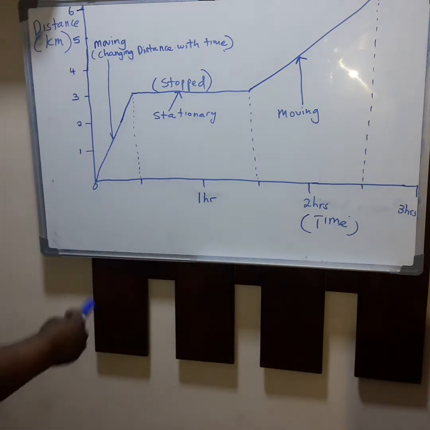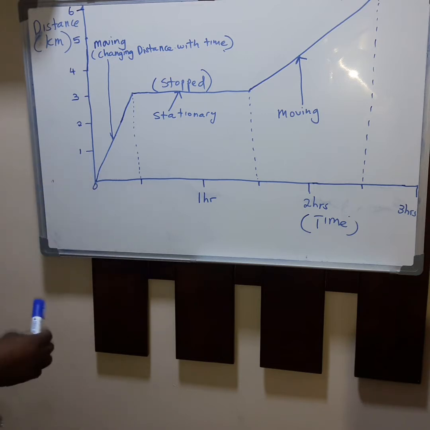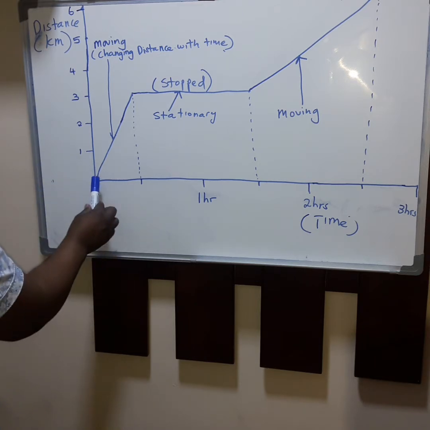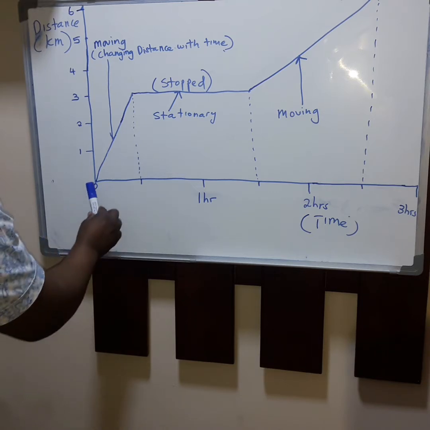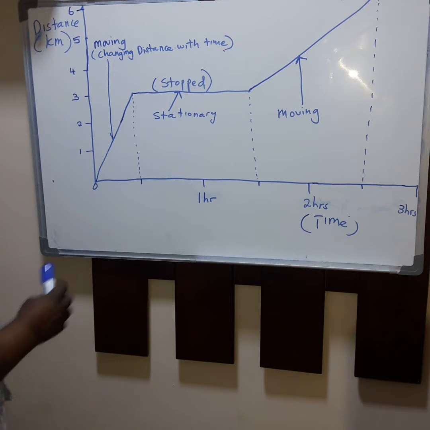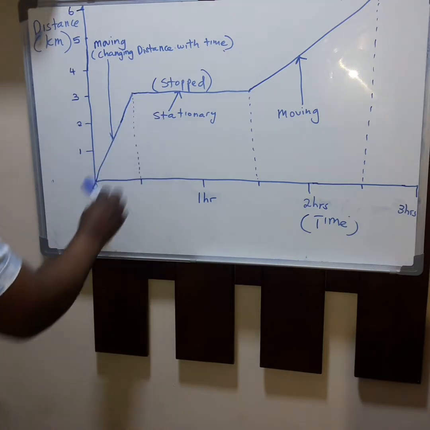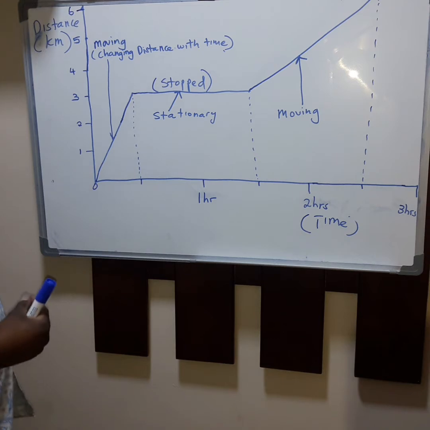So this object from 0 to 3 kilometers, there is a change in distance with time. The object traveled 3 kilometers in 30 minutes. So this first part of the graph represents motion. The object was moving.